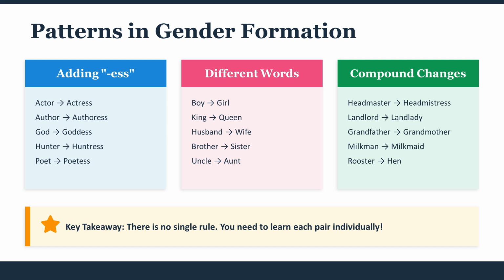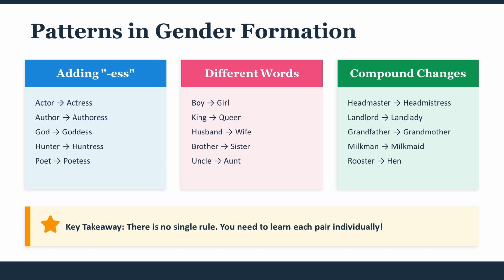There are three main patterns. The first pattern is adding the suffix ess. For example, actor becomes actress, author becomes authoress, God becomes goddess, hunter becomes huntress, and poet becomes poetess. The second pattern involves completely different words. For example, boy and girl, king and queen, husband and wife, brother and sister, uncle and aunt.